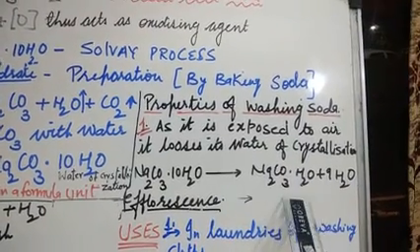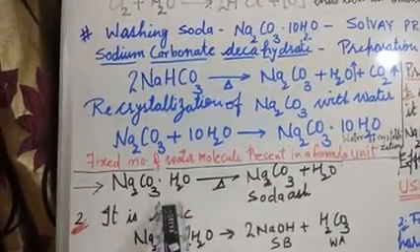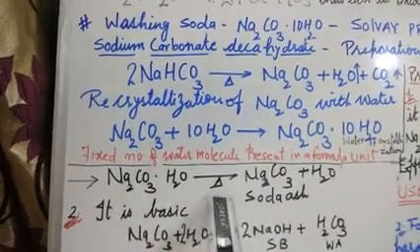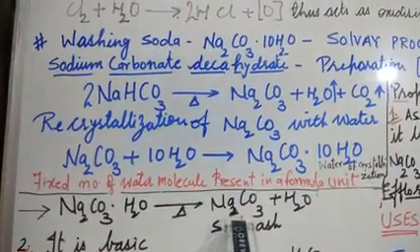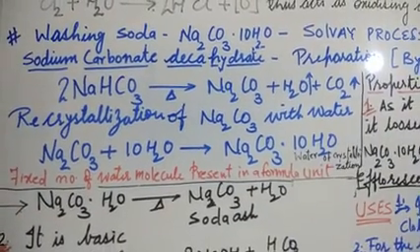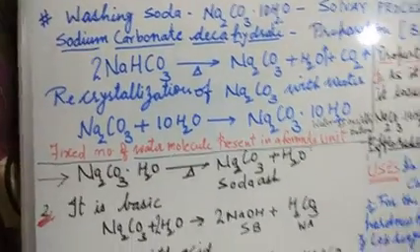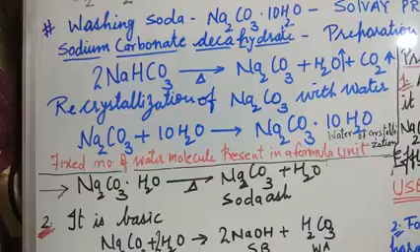Now to remove this 1H2O, it is heated now. Na2CO3.1H2O when heated now, it gives Na2CO3 and one water molecule is also separating out. Okay. Now this is anhydrous salt.